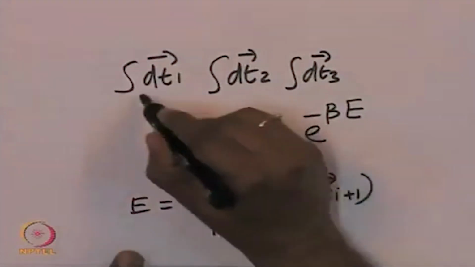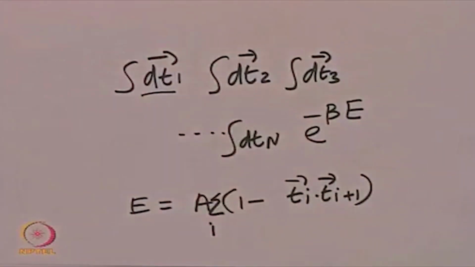So, now let us think about this dt1 a bit. We just discussed that we can have all possible angles. Now in 3D, there are two angles, phi and theta, so we can sum over phi and theta.